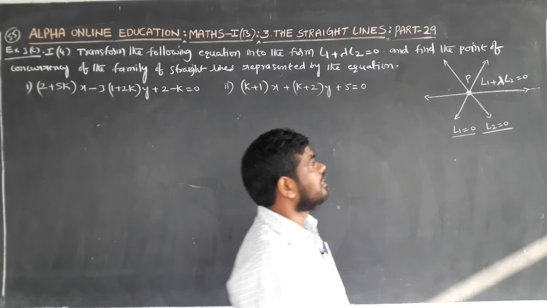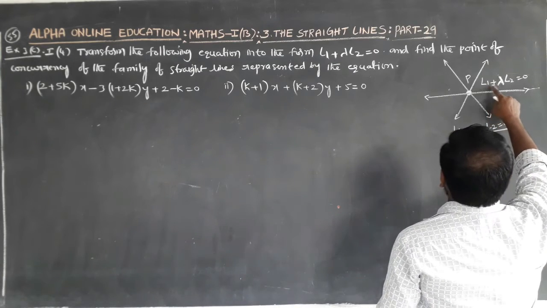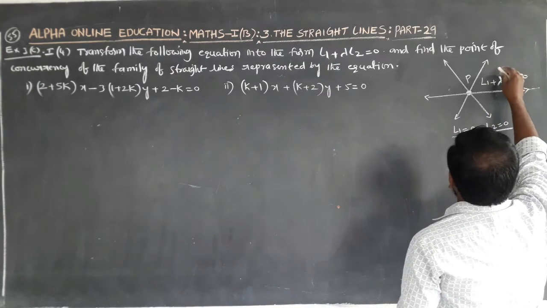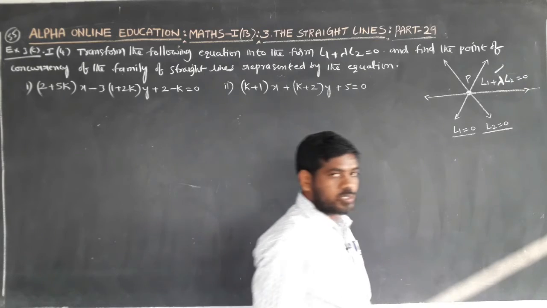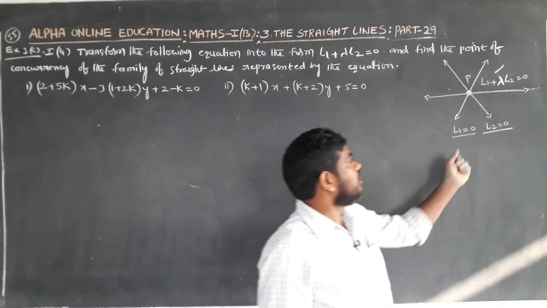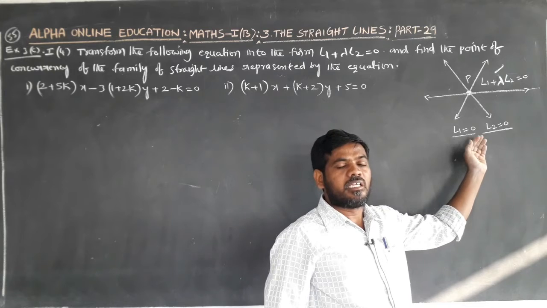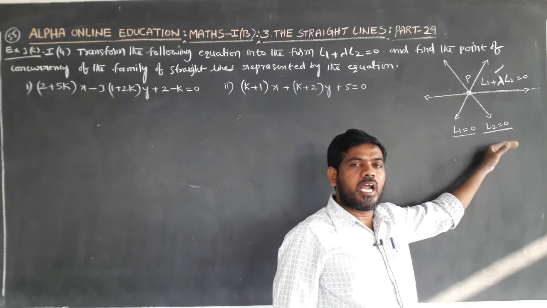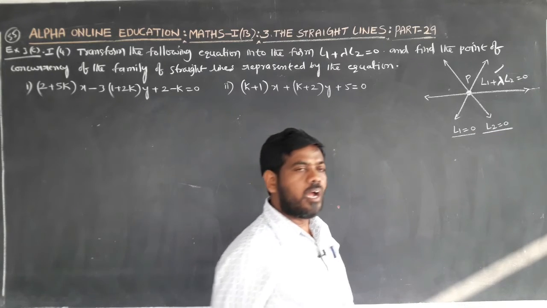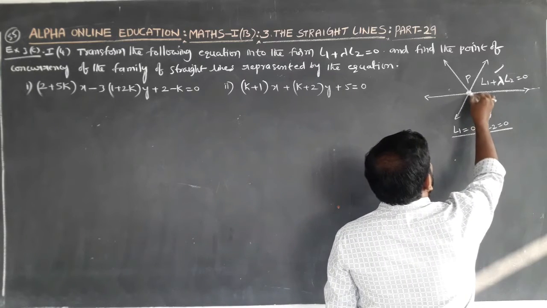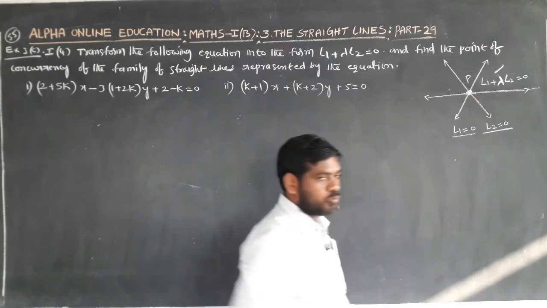Here the equation is given in the L1 plus lambda L2 is equal to 0 form. So first of all, find the equations of the straight lines L1 is equal to 0 and L2 is equal to 0, and also find the point of intersection of the two lines.